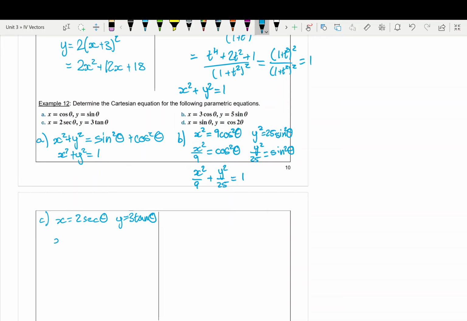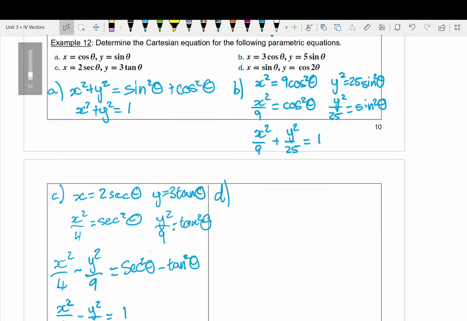That's going to give us x squared on 4 equals secant squared theta, and y squared on 9 equals tan squared theta. If I then subtract, x squared over 4 minus y squared over 9 is going to give us secant squared theta minus tan squared theta, which is equal to 1.